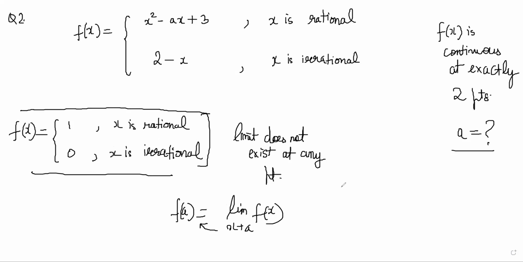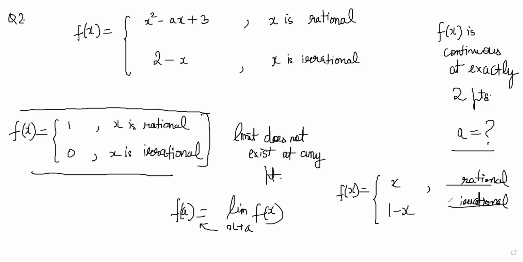But if I had a function like this, suppose x and 1 minus x, same things, rational, irrational. Then you can easily say that the same logic applies, but there is one special point where both are equal. The rational also tends to something and the irrational also tends to something.